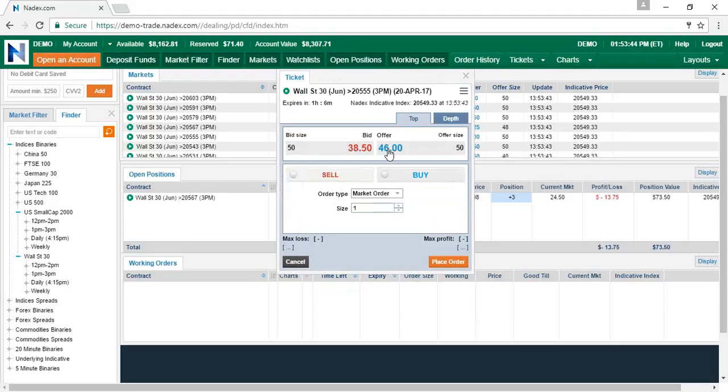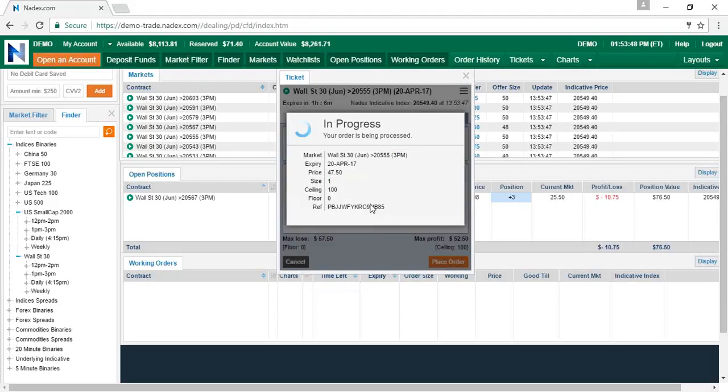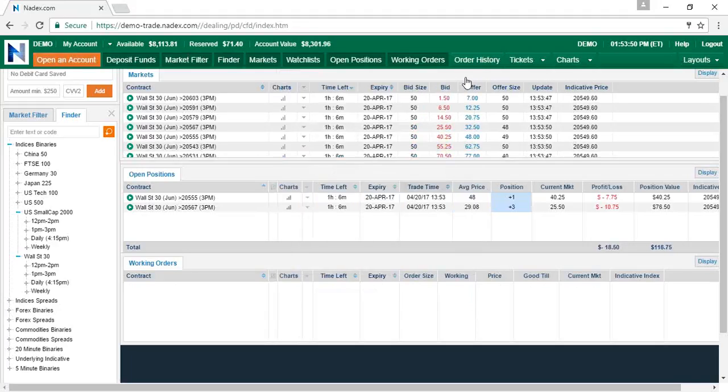I want to do one. I want to buy it. Right now it says 46. I press buy. Okay, it filled me at 48. See that? So it got me in $2 higher, or it could get me in a few dollars lower. It's just as the market's moving like that, you're chasing it. When you say market order, it's just getting you in at the best possible price at that time. Same thing as if you want to get out of something.